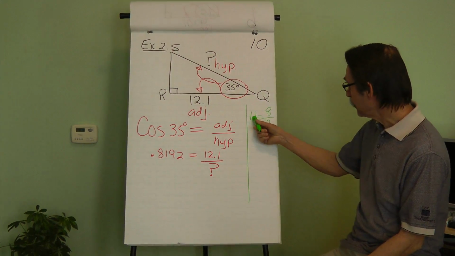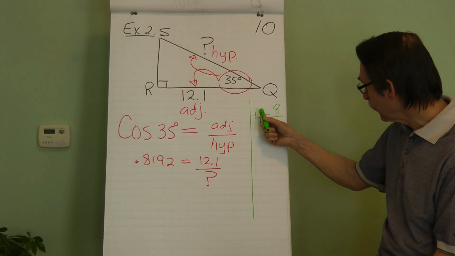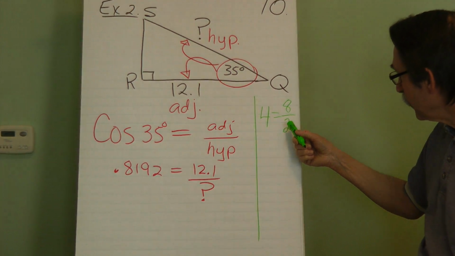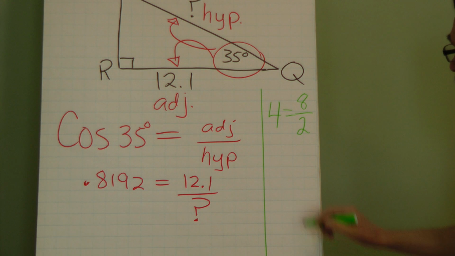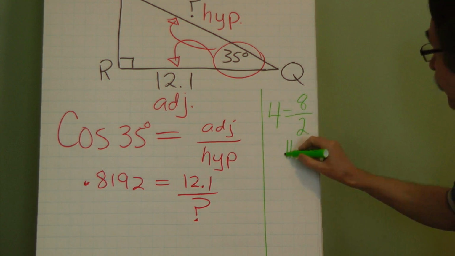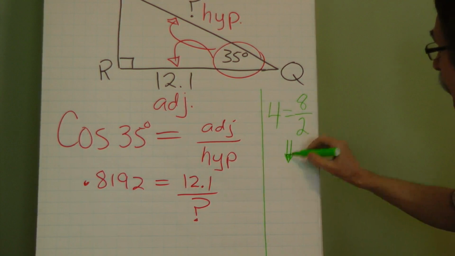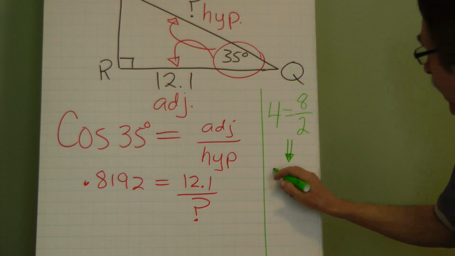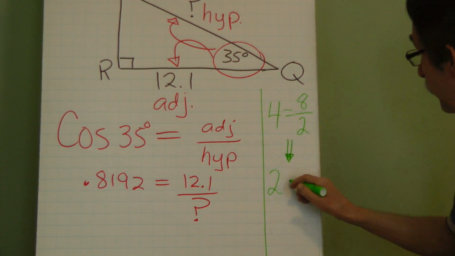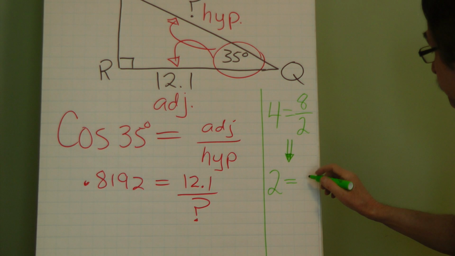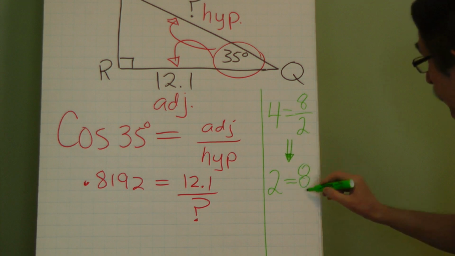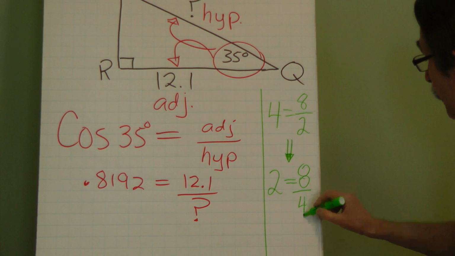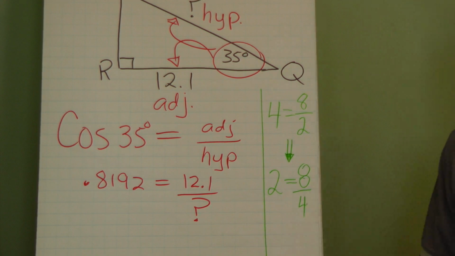Now, I'm going to take these two numbers, the 4 and the 2, and I'm going to interchange them. This is what I'll have: 2 is equal to 8 over 4. Notice it's still true.